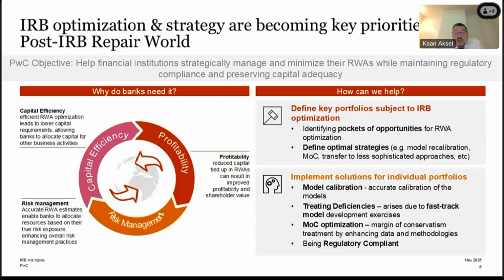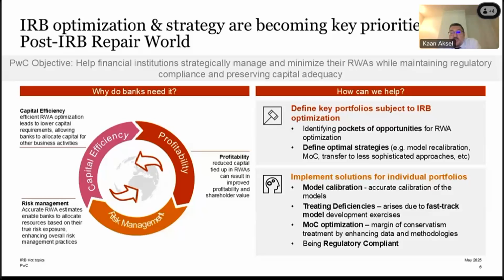Okay, let us briefly discuss what optimization is and what we want to talk about in the context of IRB. In the post-IRB repair world, this will be another subject of focus. Basically, we need to identify areas and pockets of opportunity for better risk-weighted asset estimation.